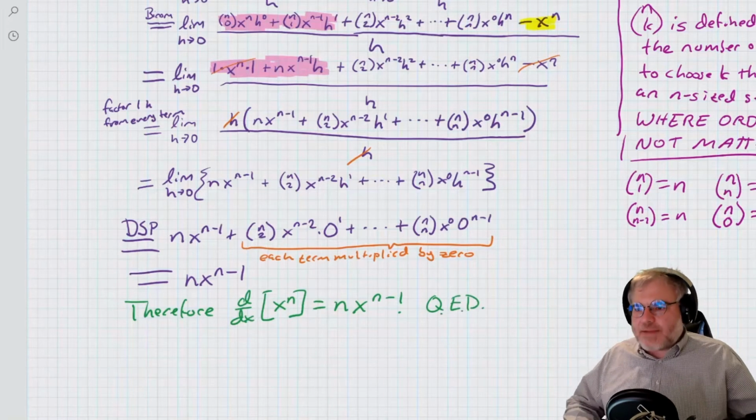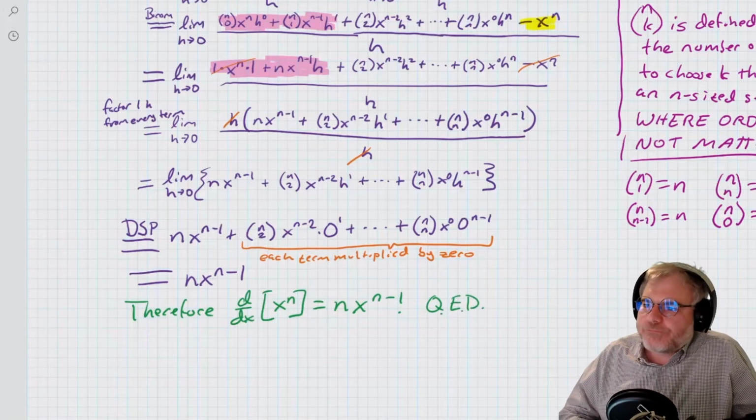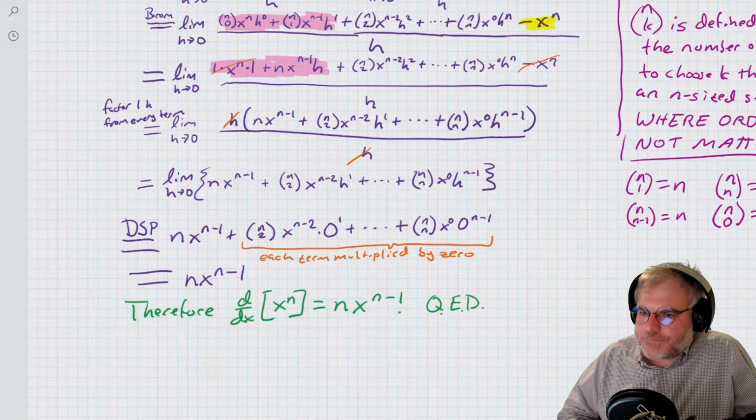How do we feel about that proof? 1 to 5. So the key here is that everything in the middle cancels, and it makes us happy.